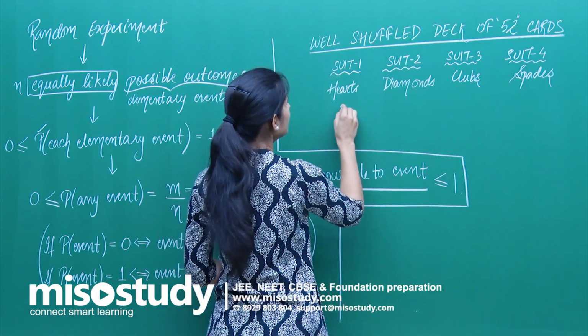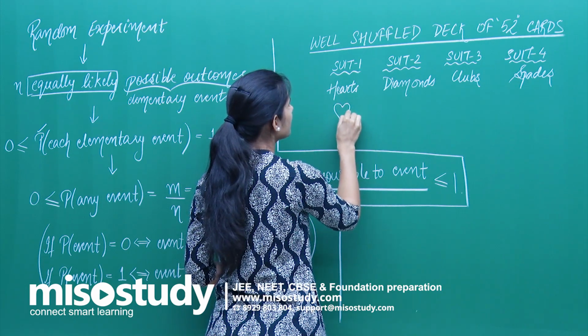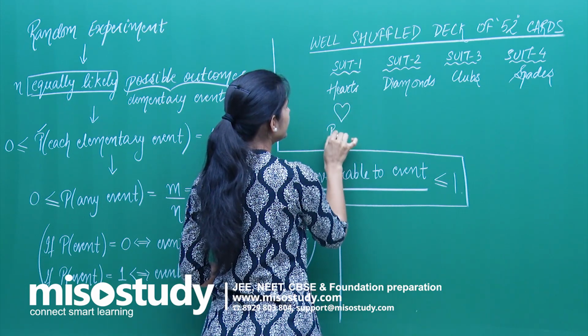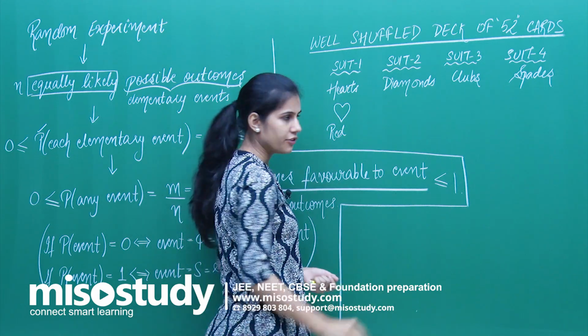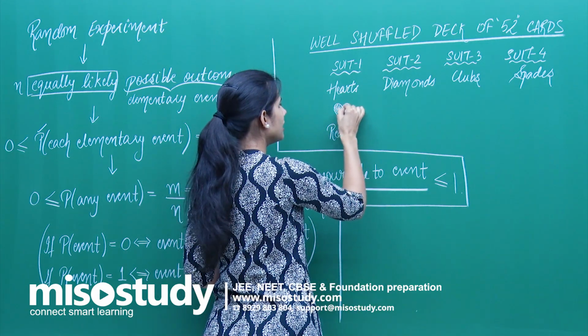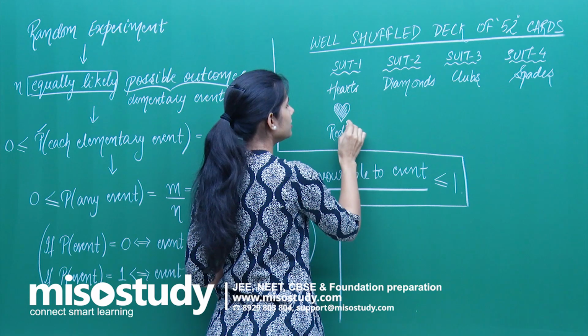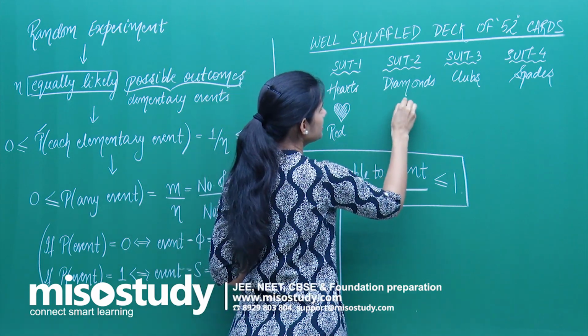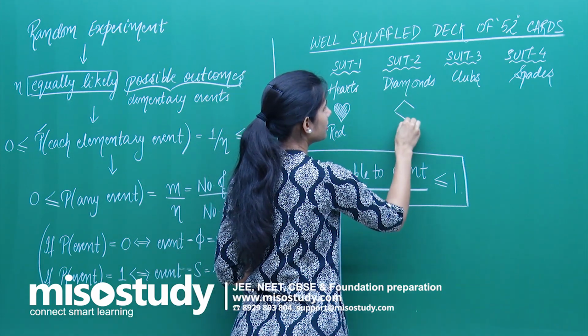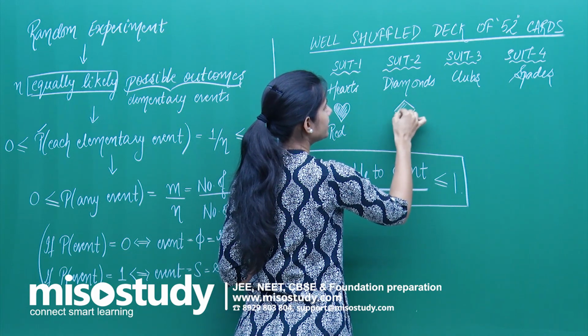As you know, hearts are red in color, right? These hearts are red in color. Diamonds are also red in color.